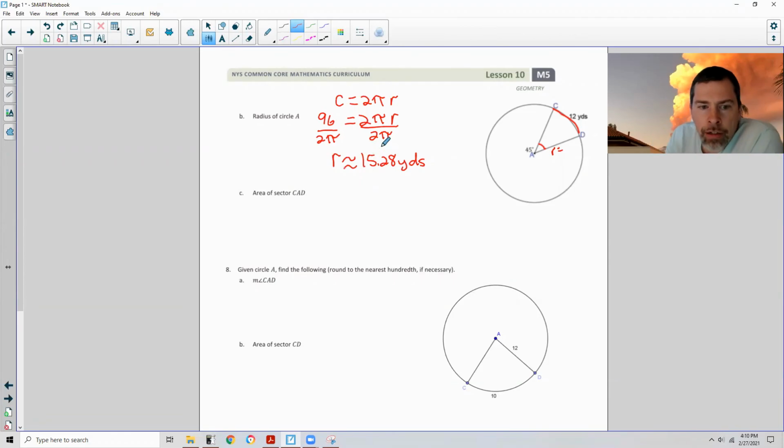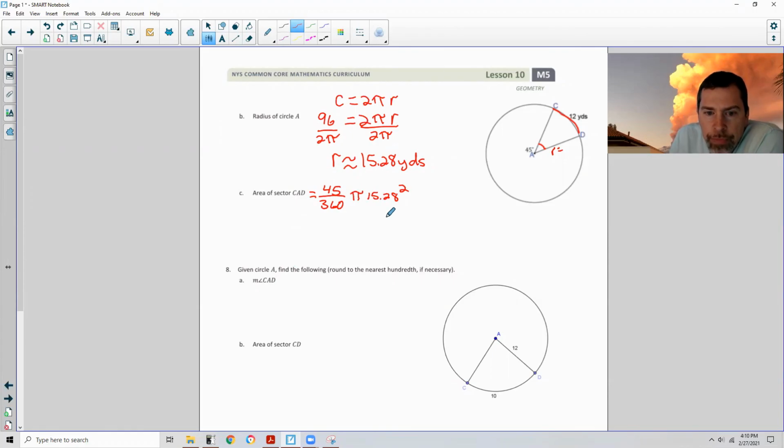So just be careful with your calculator. That's a common error. And now area of a sector CAD. Area of a sector equals the central angle divided by the total circle 360 times pi r squared, which is 15.28 squared.